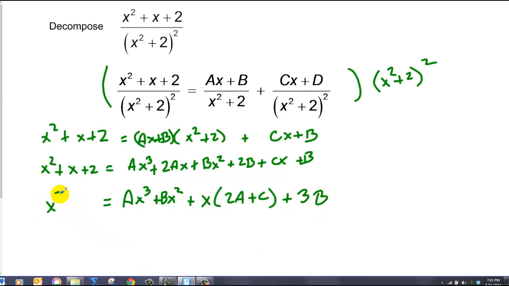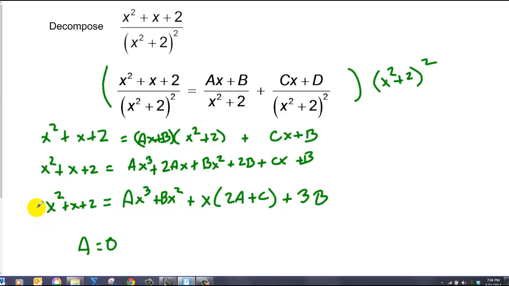And that's going to be equivalent to x squared plus x plus 2. Now, in this case, I am looking for a cubed coefficient, and there are no cubes, which means the coefficient of a must equal 0.